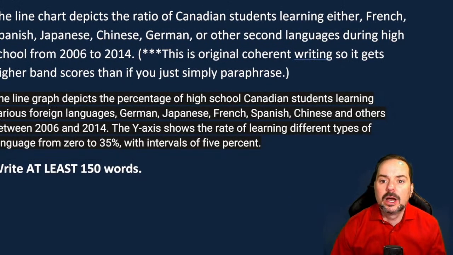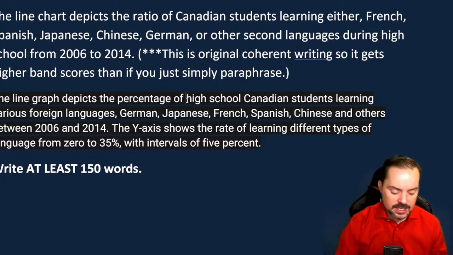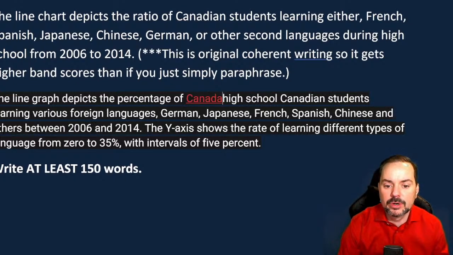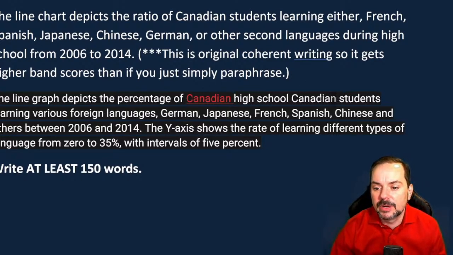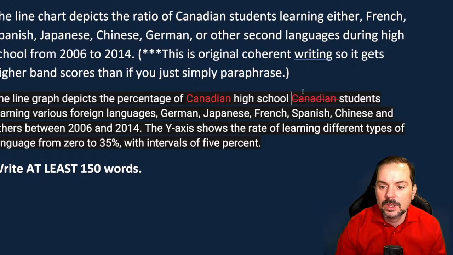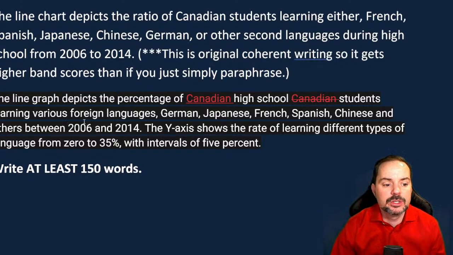Okay, so Jaineel writes, the line graph depicts the percentage of Canadian high school students learning various foreign languages. Order of words, Jaineel, Canadian. Country modifies the noun, right? You don't need "various foreign" because you have the languages.